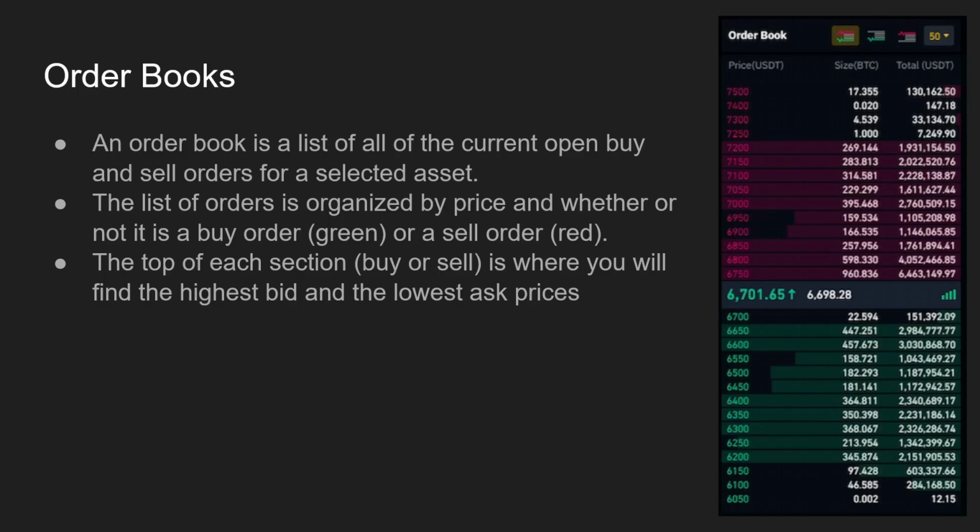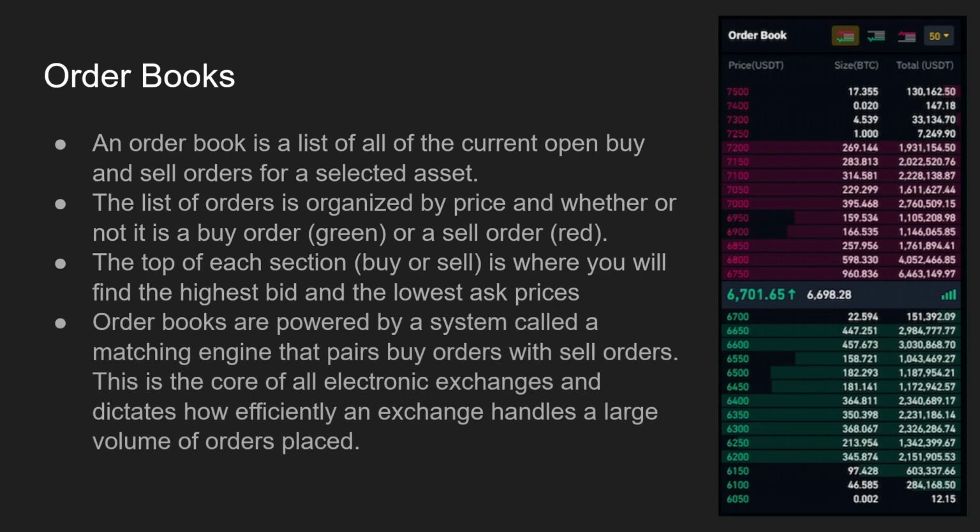ask prices. Now, order books are powered by a system called a matching engine that pairs the buy orders with sell orders. This is the core of all electronic exchanges and dictates how efficiently an exchange handles a large volume of orders placed. And this is where we find the differences between the exchanges. The better, or more popular, exchanges will typically have a better matching engine.